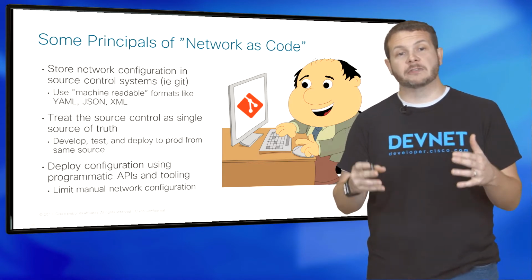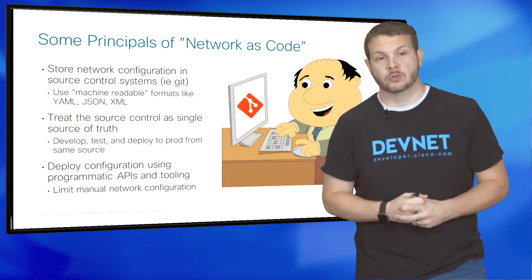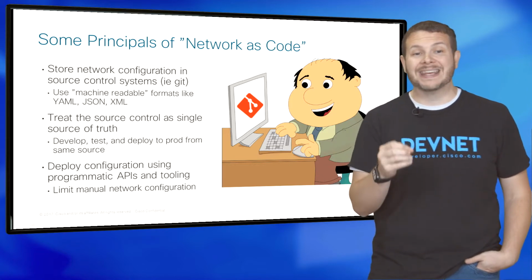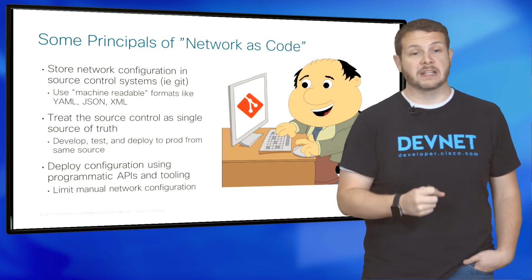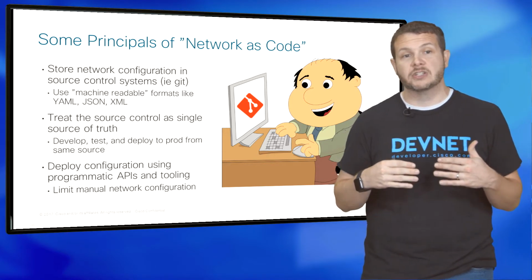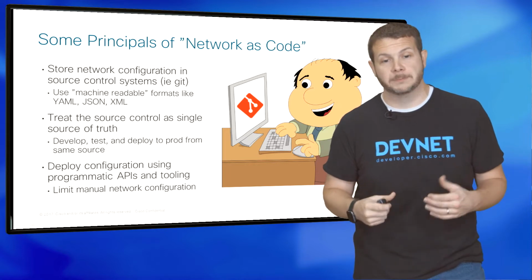All of them should be configured from that exact same code base, that same source system in our source control. And then finally, we should only deploy our configurations using the programmatic APIs and tooling, such as Ansible. We want to limit manual network configuration because that'll result in configuration drift and get us away from the core concept of infrastructure as code.